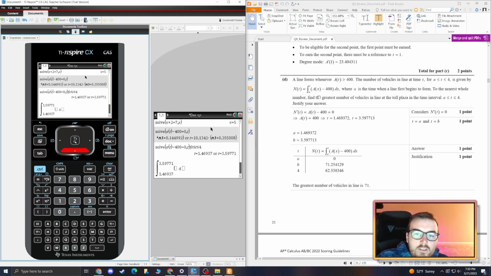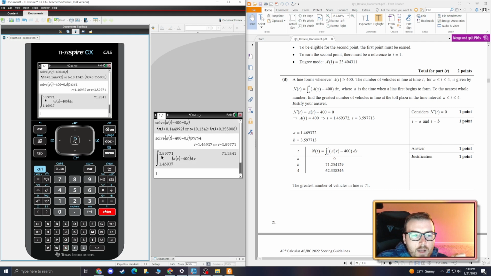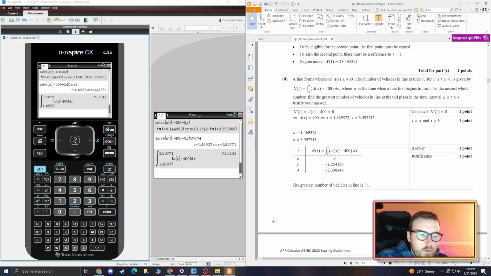And then the function is a of x, and I'm able to just type a of x because I defined it in the calculator, minus 400 with respect to x. When I press enter, I get 71.2541. Boom, the same number that they got.